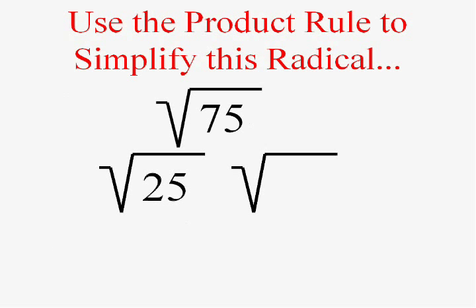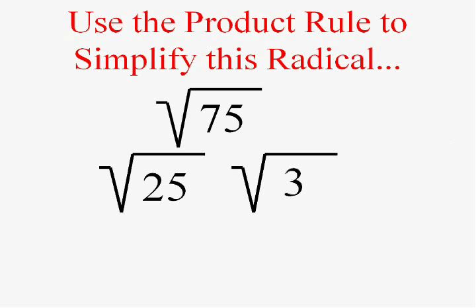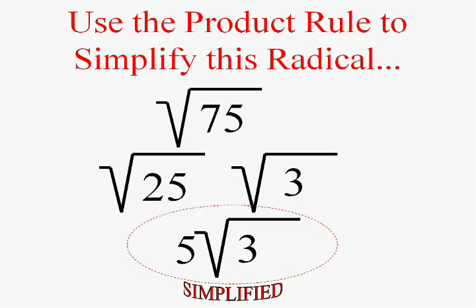Well, it's 25. That leaves me, if you divide, with a leftover of 3. Now the square root of 25 is perfect, so I can say that it's 5. And the square root of 3 is garbage left over, so I just write it. And there it is.